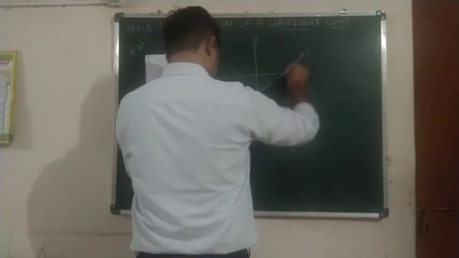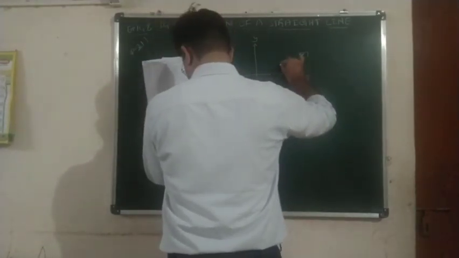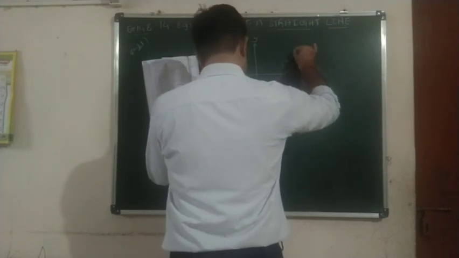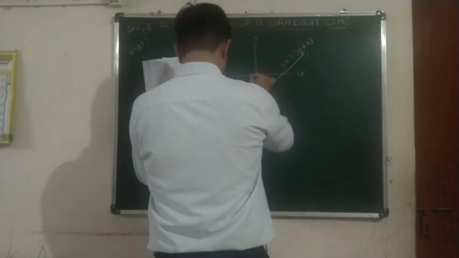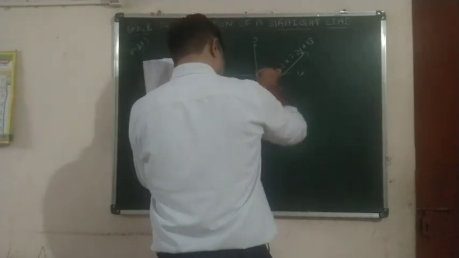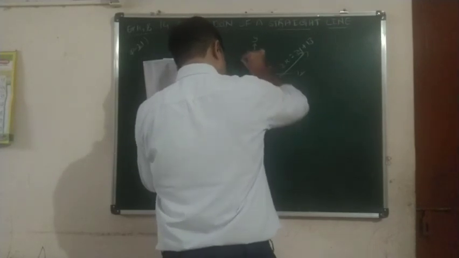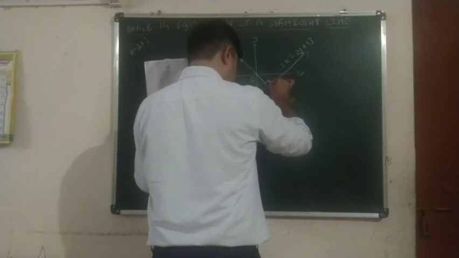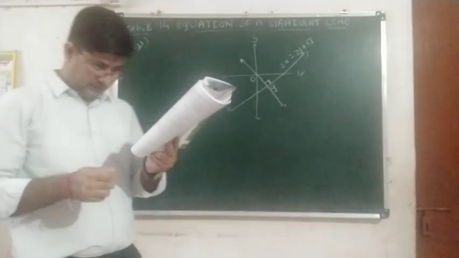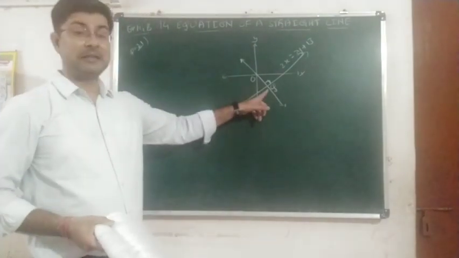This is the line 2x is equal to 3y plus 13. And our required line is passing through the origin. Clear? The required line is passing through the origin and it is perpendicular to this line at point Q. It meets the given line at point Q at right angles.